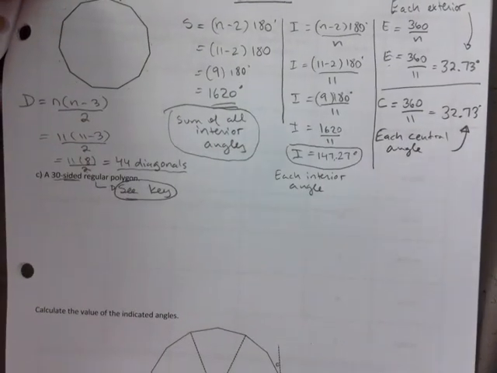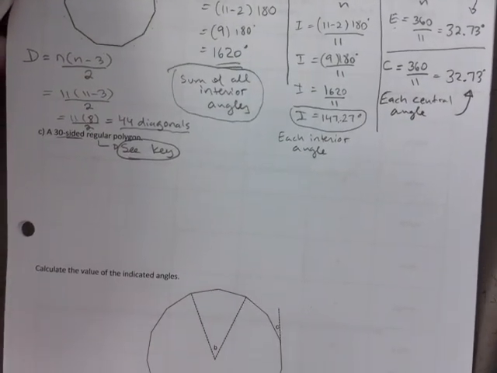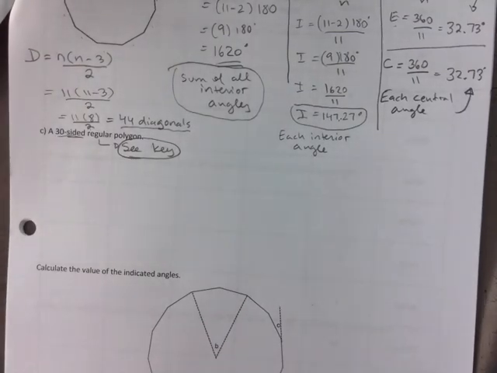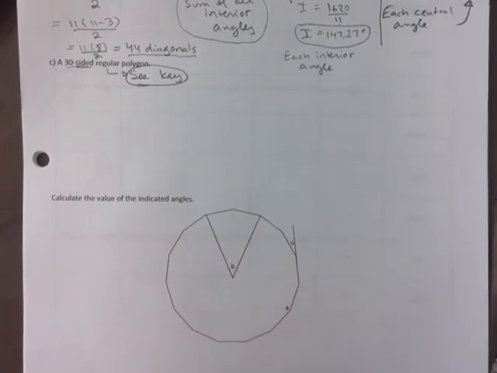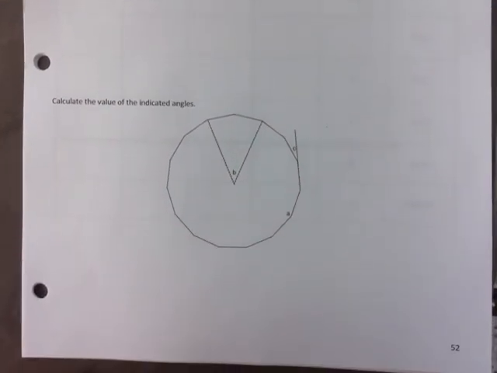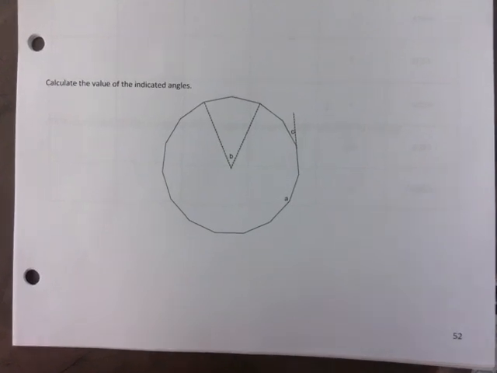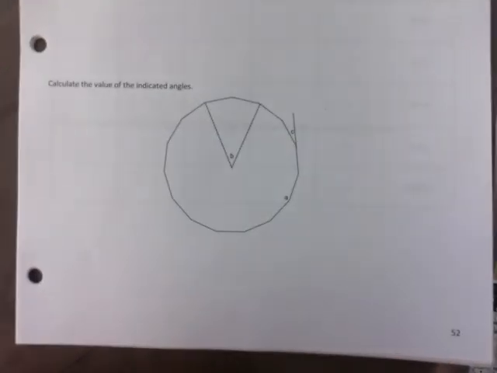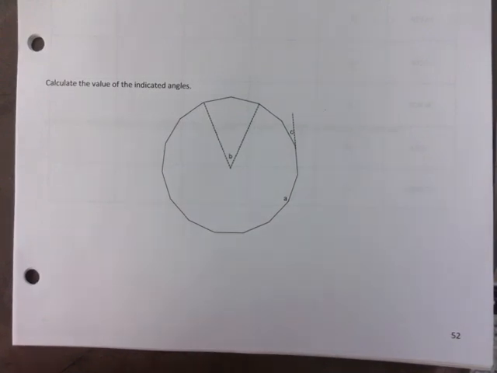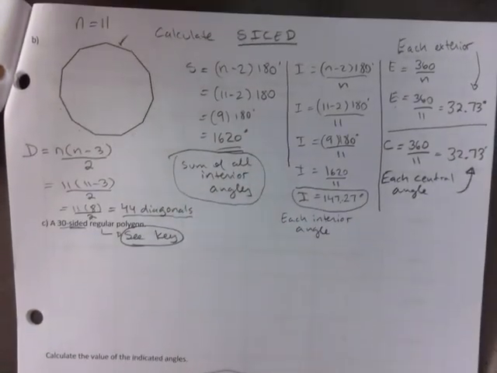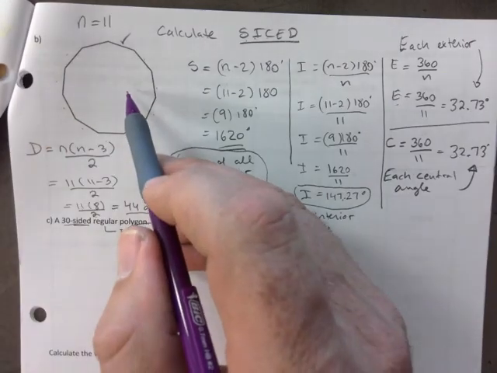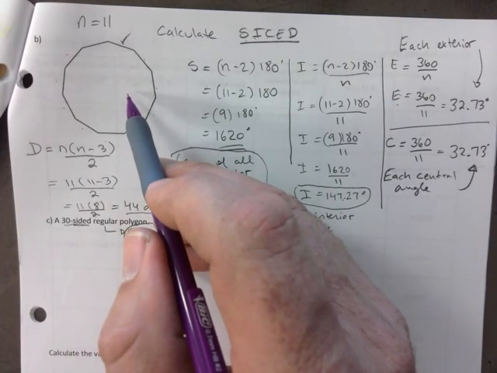No, not right now. I want you to go to bottom of 52, this diagram here. This one. Actually, assume this is an AC. I'm asking you right now, can you label on this diagram one interior, one central, and one exterior angle?